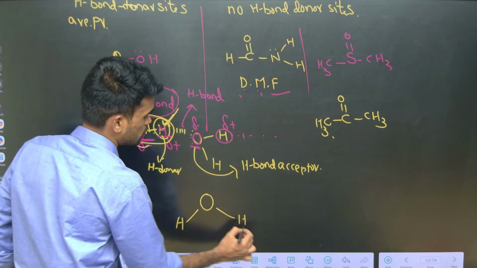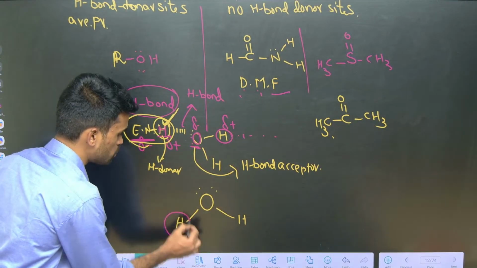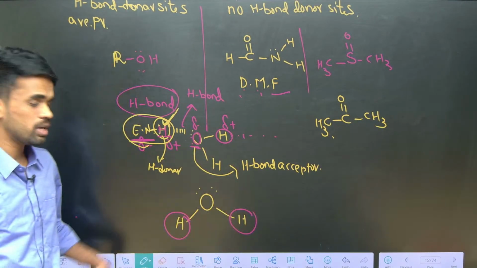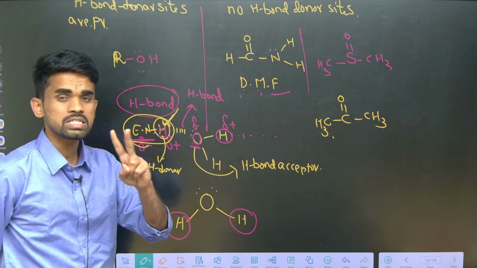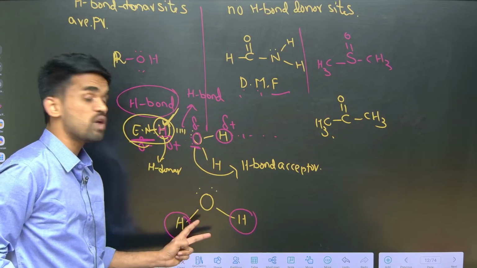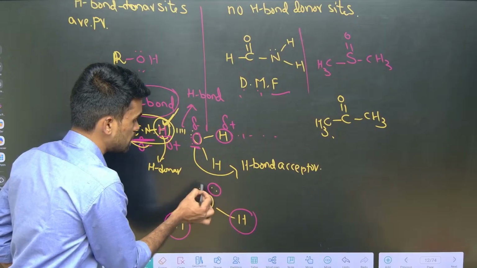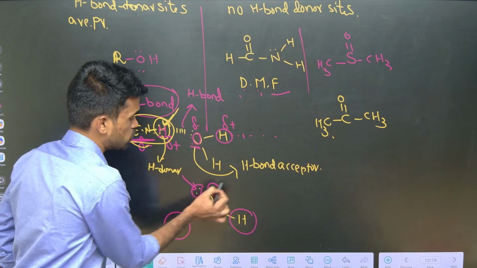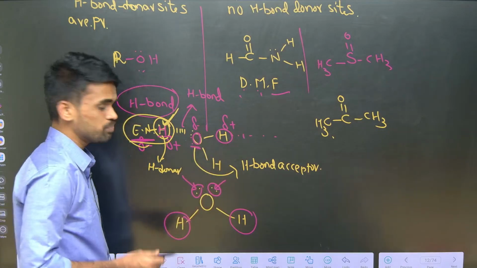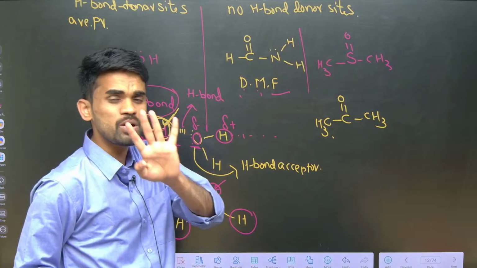Okay, so now just look here. How many hydrogen bonds can a water molecule form? It can form hydrogen bonds with these two hydrogens using other electronegative atoms, so these are two donor sites of the water molecule. And using these two lone pairs of oxygen, the water molecule can accept hydrogen bonds. Therefore one water molecule can form a maximum of 4 hydrogen bonds.